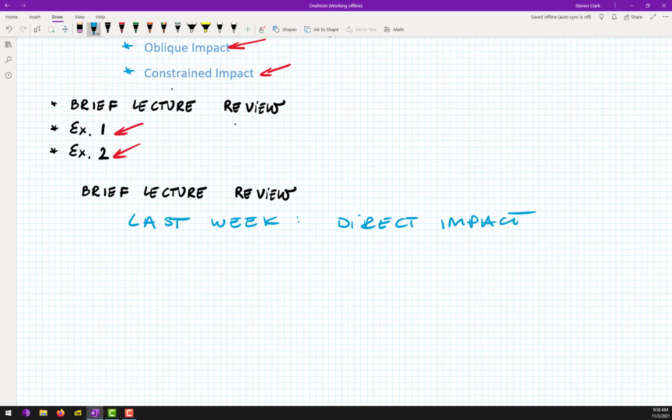But today we will do oblique impact. So let us imagine a similar situation to the one last week. So we'll have a small particle and a big particle. And this is the situation pre-impact. And we'll also have something post-impact.